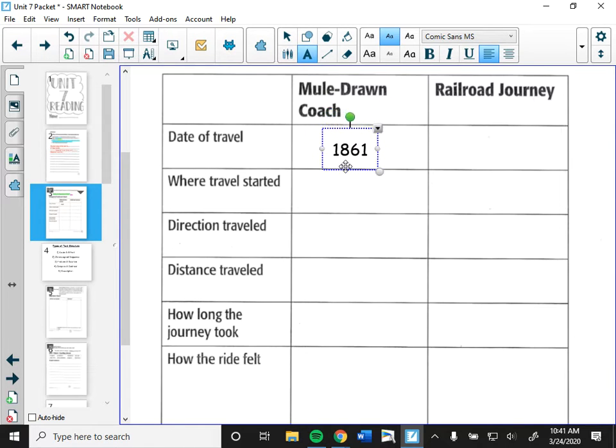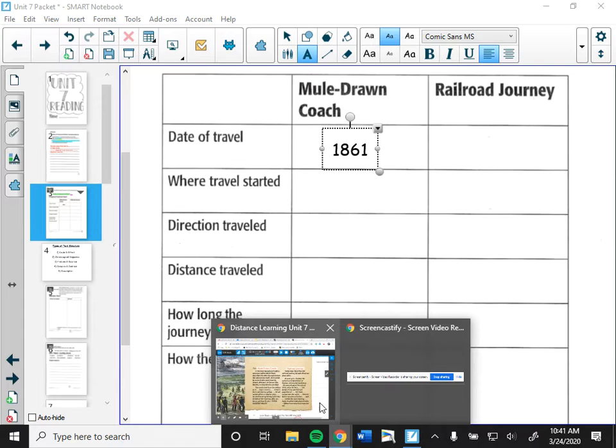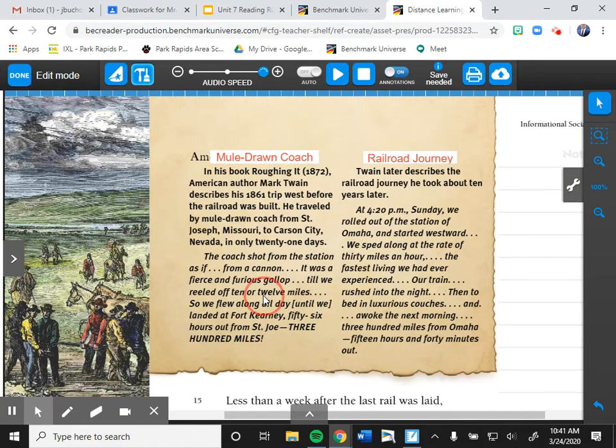Now I'm going to look back under the mule-drawn coach section for where travel started. He traveled by mule-drawn coach from St. Joseph, Missouri.